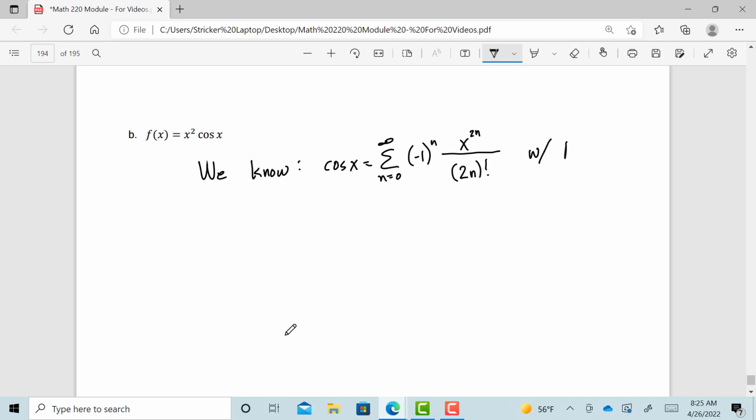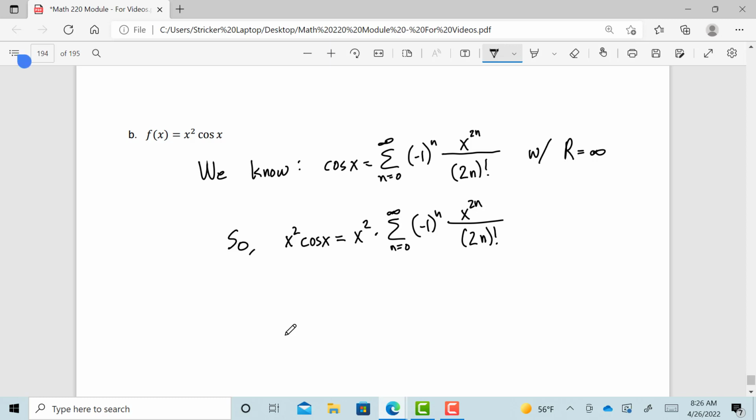And we know that the radius of convergence is infinity. So then, using that, just like in the last one, x squared times cosine x is equal to x squared times this series that we just wrote down. So it's x squared times the sum of negative 1 to the n, x to the 2n over 2n factorial.